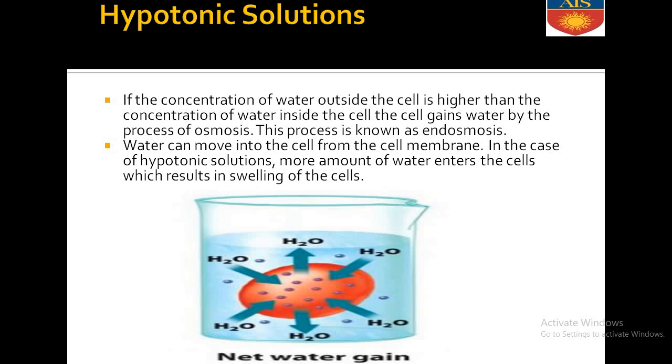Now, let us study about the solution. If the concentration of water outside the cell is higher, you can see in the picture, the concentration of water outside is higher and the solute concentration is less inside the cell. Clear?